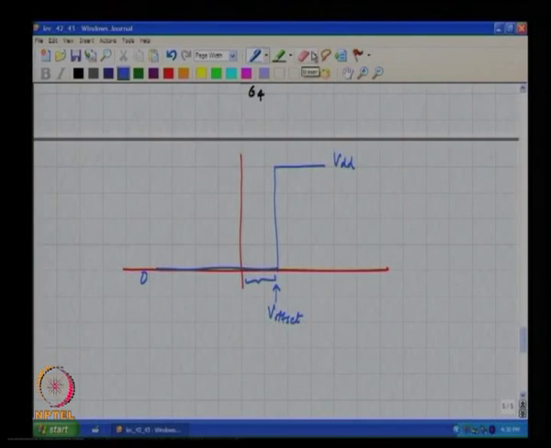So, what do you think you can do? Ideally, what do you want this signum to be? I mean, you want this transition to be at 0, or if there is a variation in this threshold, it must be centered around 0 and must be so small that the DNL and INL of the converter are not drastically affected. Okay. So, what do you think you can do to reduce the effect of offset?